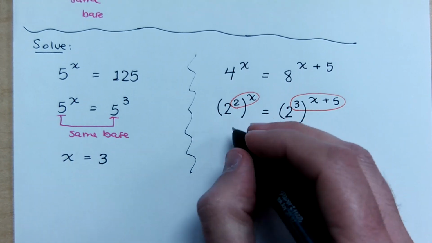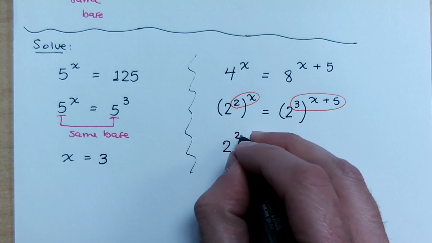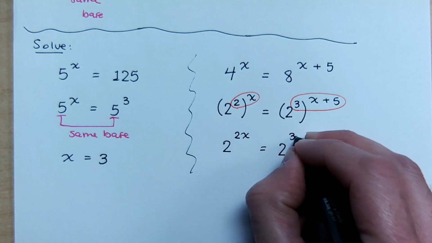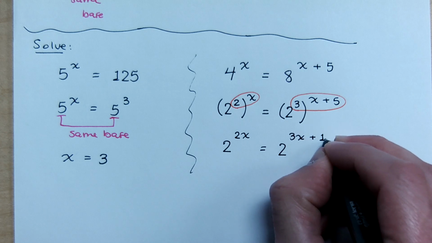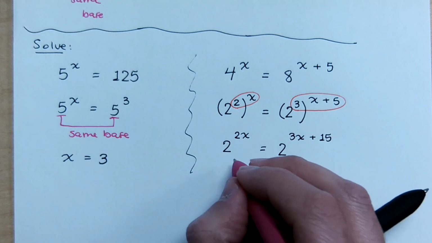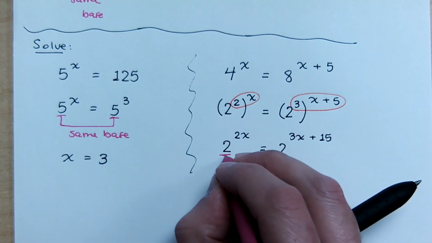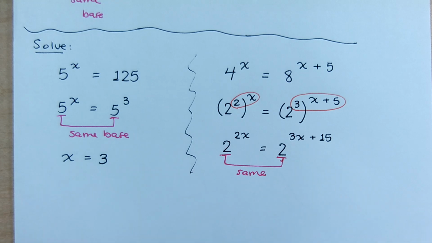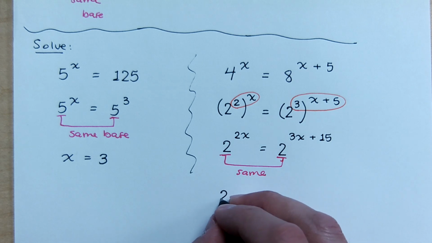So this becomes 2 raised to the 2x is equal to 2 raised to the 3x plus 15. And now, again, since these have the same base, what can I then conclude from this? 2x equals 3x plus 15.